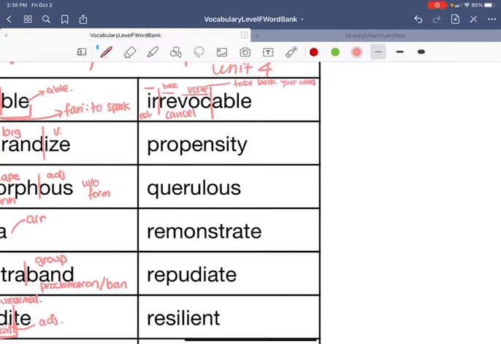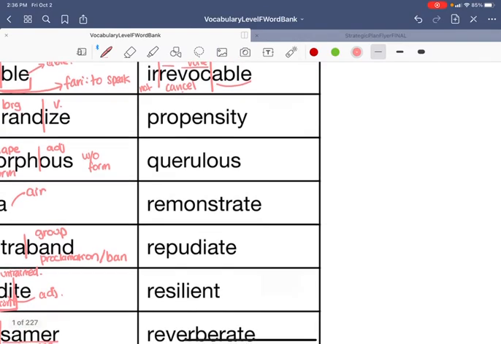On your promise maybe, or on your statement. So together it means to cancel, and not cancelable, right? So something that you cannot cancel is what this means.